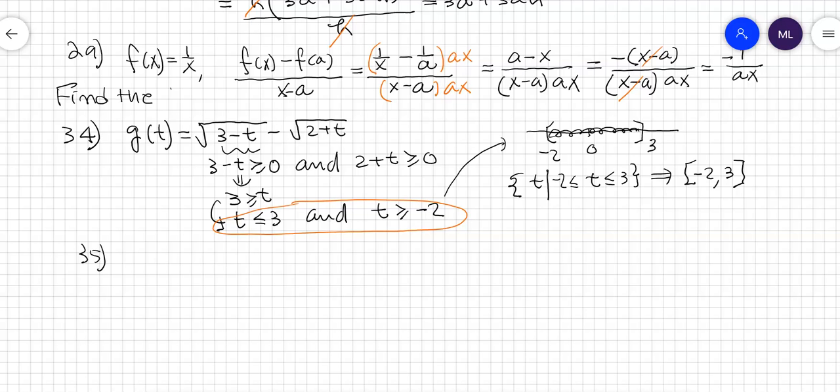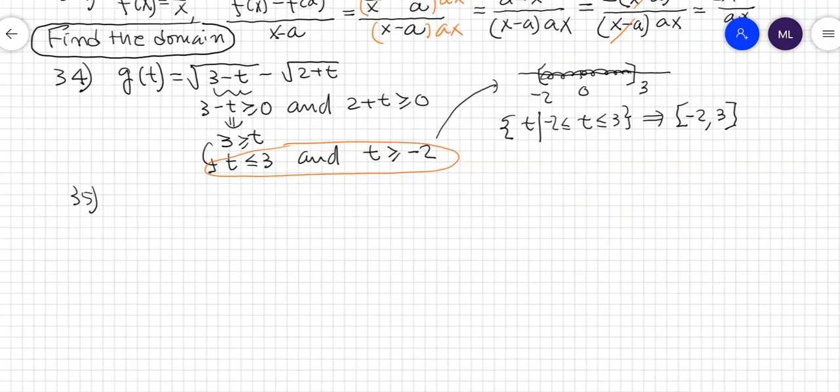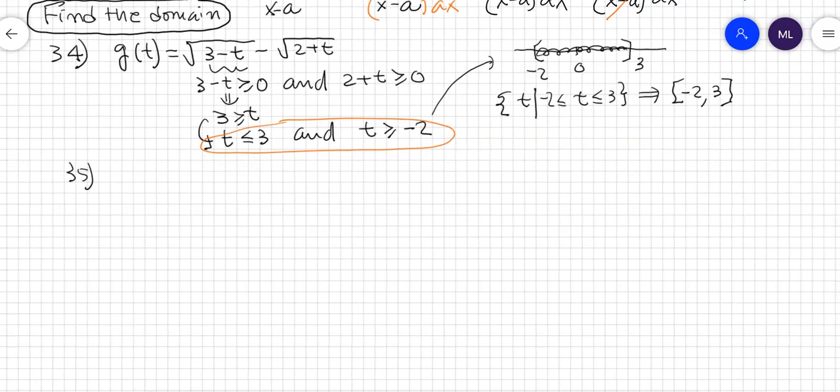Now, so let's do 35. 35 is h of x is 1 over, I have a hard time with this, fourth root.